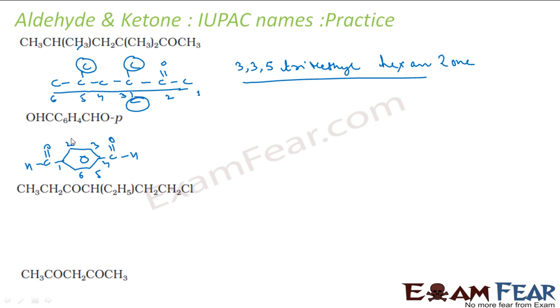You'll get the same value because again it's a symmetrical compound. Correct? So the name of this compound will be benzene-1,4-dicarbaldehyde. Why? Because this carbaldehyde is a primary group. Right? So it comes last.